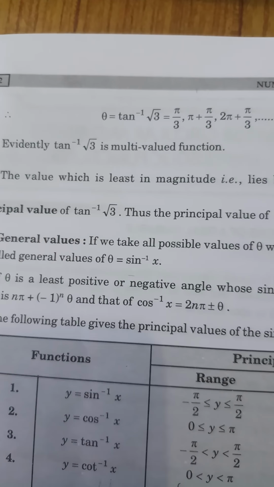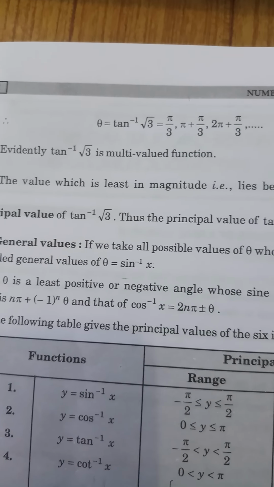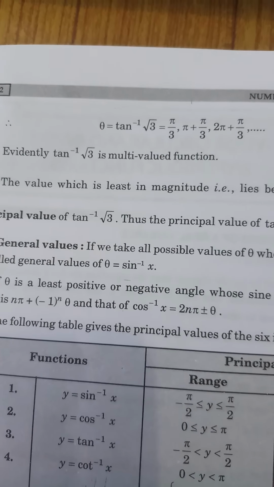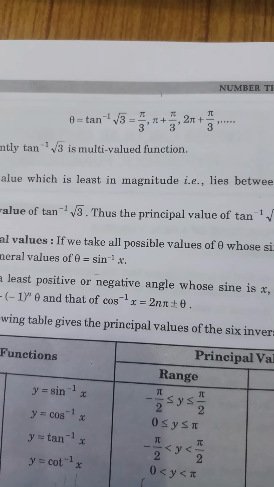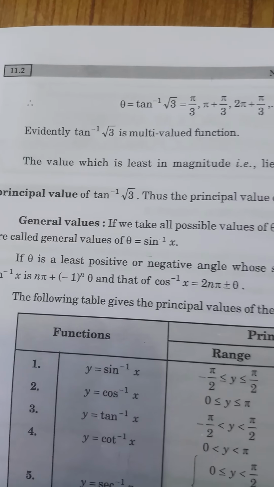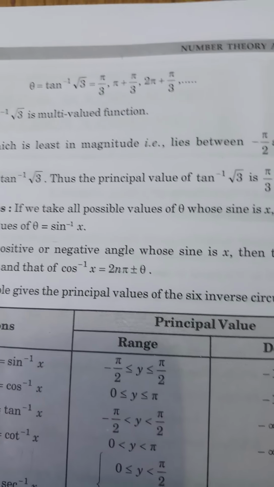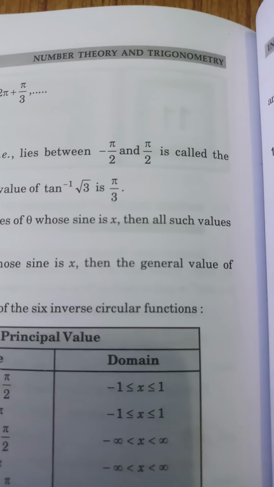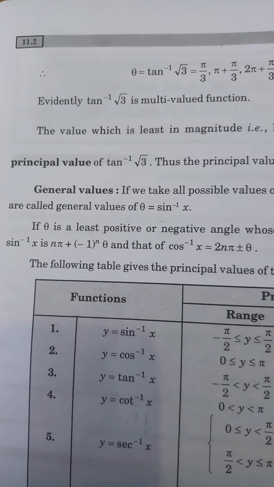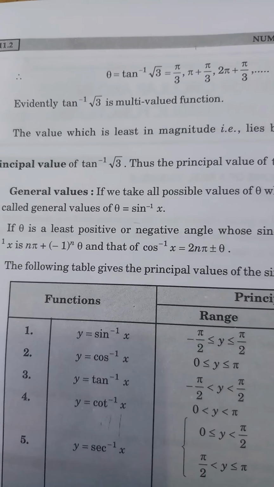Evidently, we have observed that tan inverse under root 3 is a multi-valued function. The value which is least in magnitude, that is, lies between minus pi by 2 and pi by 2, is called the principal value.